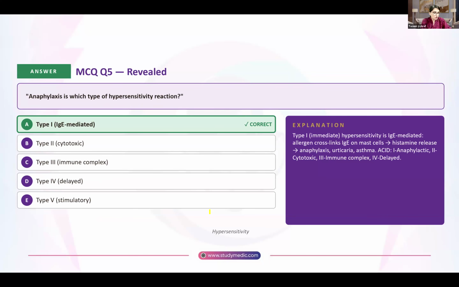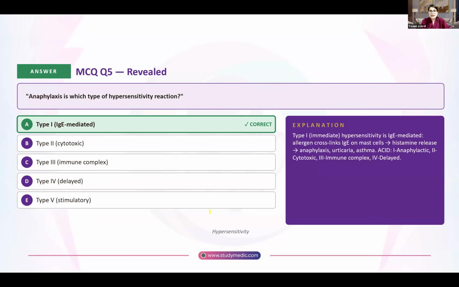It is IgE mediated. And what is meant by anaphylaxis? These are the things like urticaria and asthma.